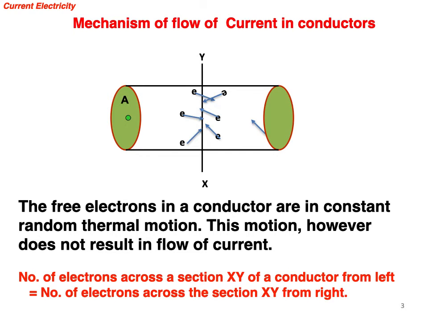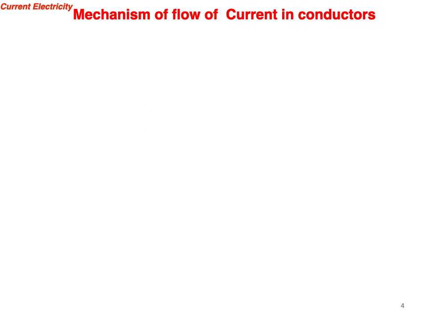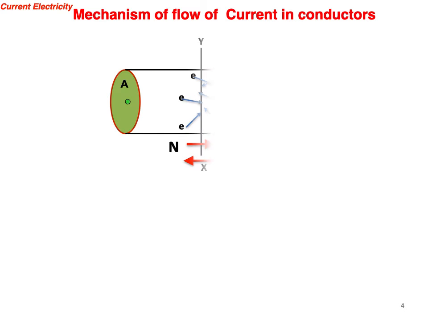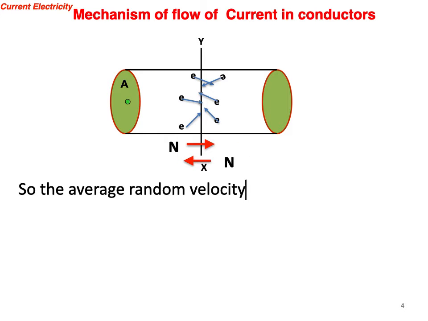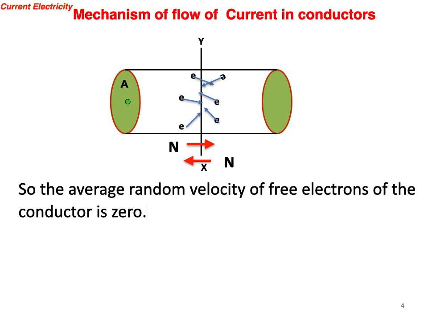So as you can see in this diagram, the number of electrons moving towards right is equal to the number of electrons moving towards left across xy. So there is no net transfer of electrons across section xy. Symbolically, it is represented by these arrows of equal size.